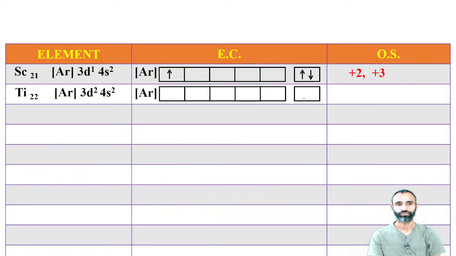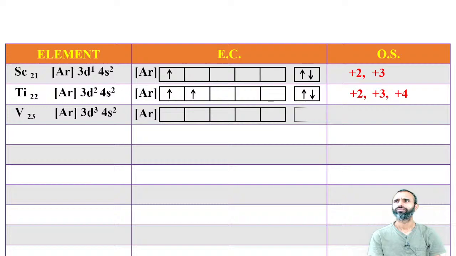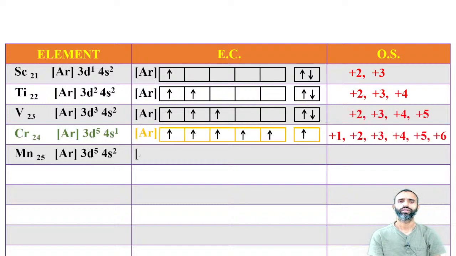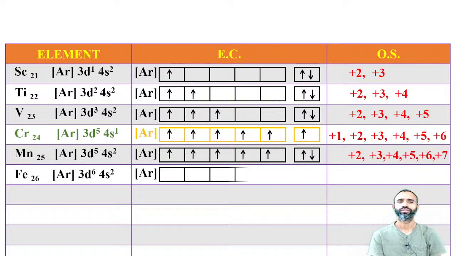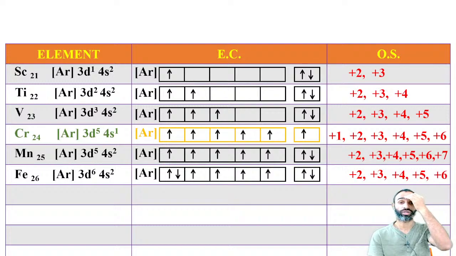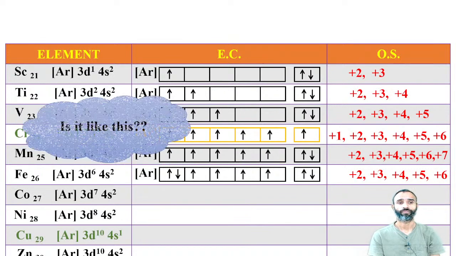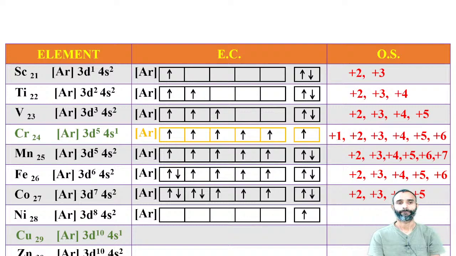This can be used for elements, not for all. It holds up to where electron pairing does not take place.